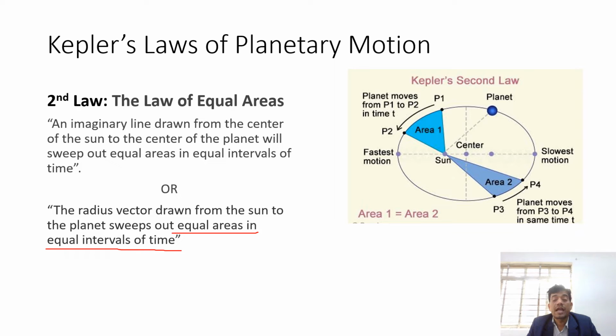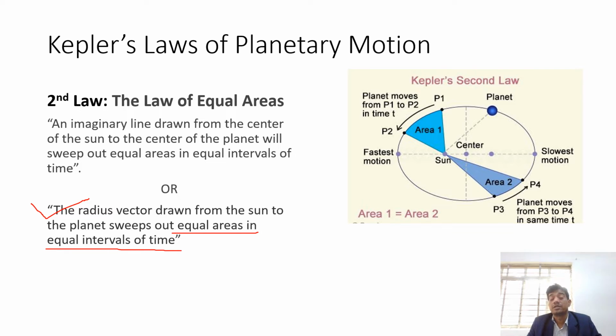An imaginary line drawn from the center of the sun to the center of the planet will sweep out equal area in equal intervals of time. Or you can say this statement also: the radius vector drawn from the sun to the planet sweeps out equal area in equal intervals of time.